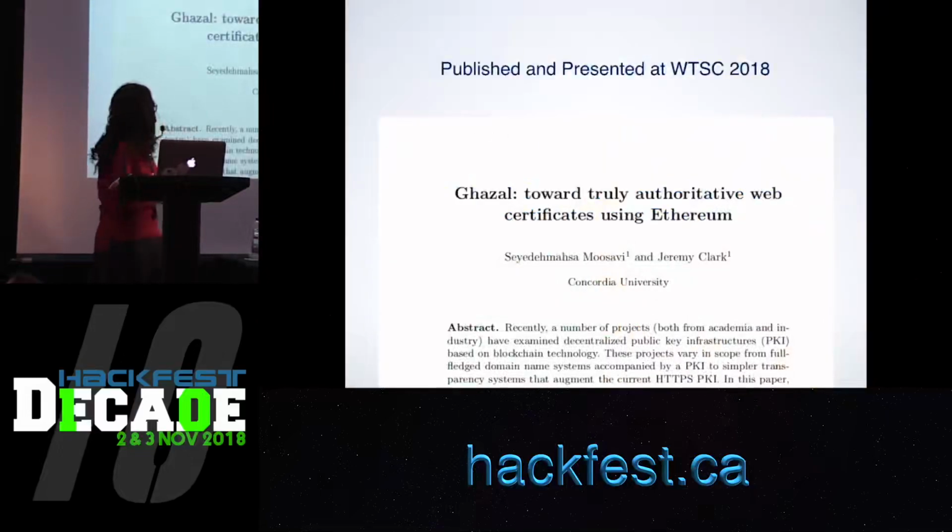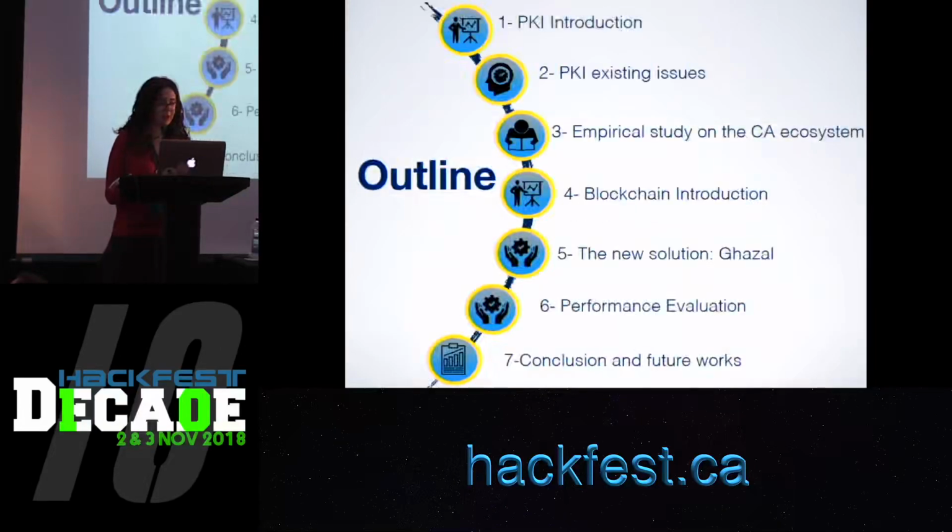So the talk today is about a paper that we just published at last year's FC conference. And here's the outline. I'm going to go through a PKI introduction very briefly. We talk about the existing issues in the PKI, and I'm going to show you the empirical study that I did on the CA ecosystem.